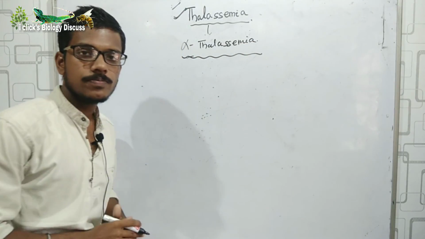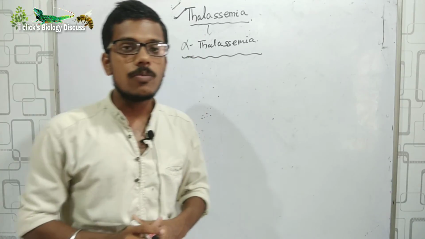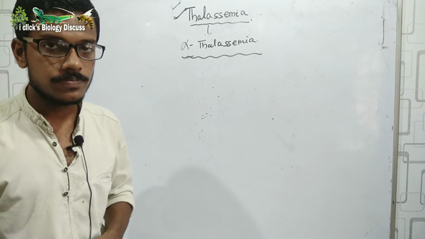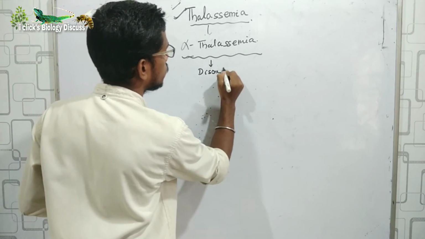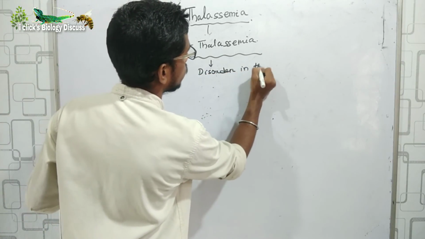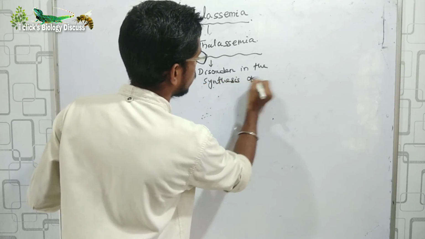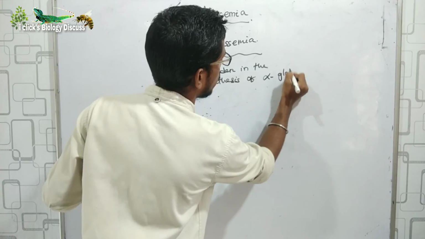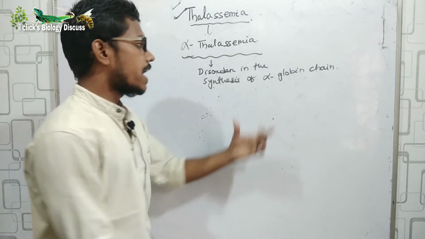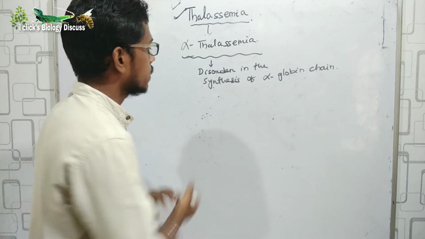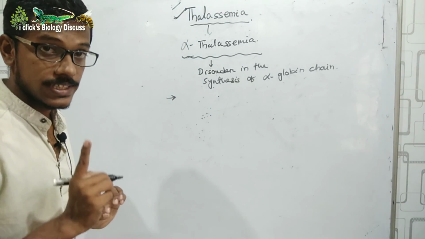Alpha thalassemia is the disorder in the synthesis of alpha globin chain. The gene for the alpha globin chain is on chromosome number 16.